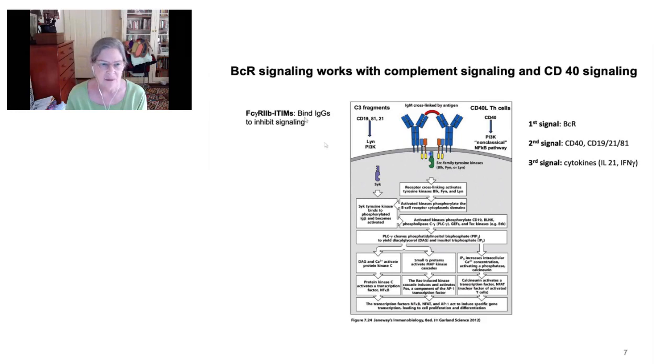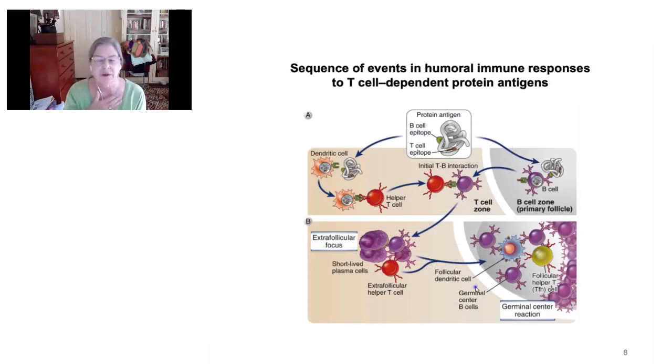But the ITIMs, which are, for instance, on Fc gamma receptor 2b, so this means IgGs can bind to FcR2b, and they will actually initiate inhibition, so they'll drag in dephosphorylases that will dephosphorylate all this stuff, and therefore shut down the signaling. So there are mechanisms for activating the signaling and also for shutting it down.